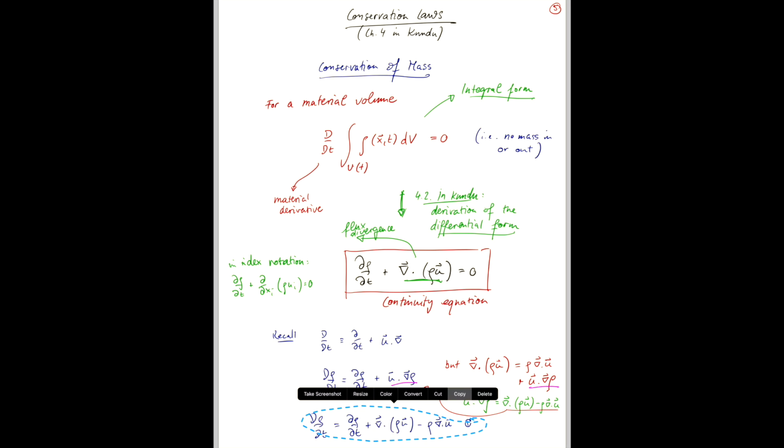I'll copy this onto my next page. Page 6. And then the continuity equation is simply d rho dt plus the divergence of the flux is 0.